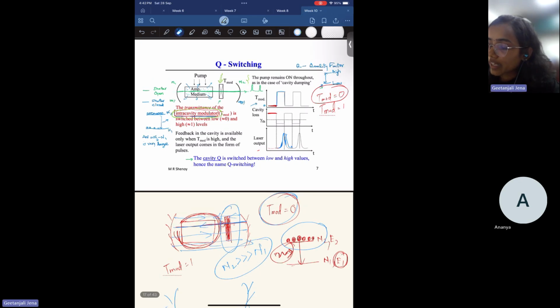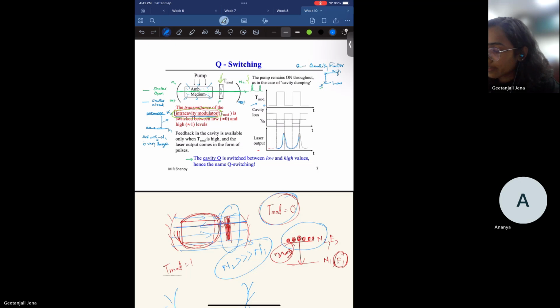So in this way, by changing the transmittance through this external modulator, you can get a pulse laser output through the cavity. So basically, we are closing the shutter or opening the shutter. Okay, so I think this is clear to you.